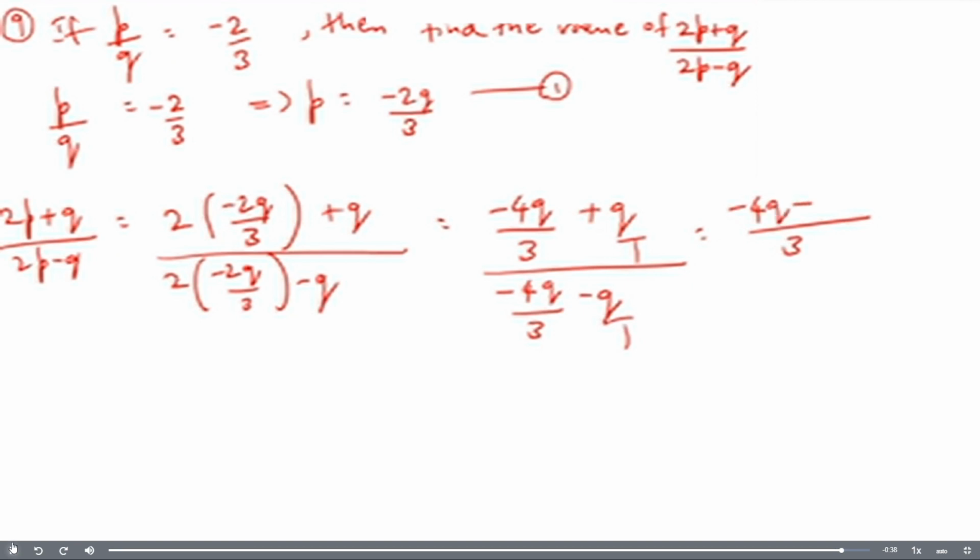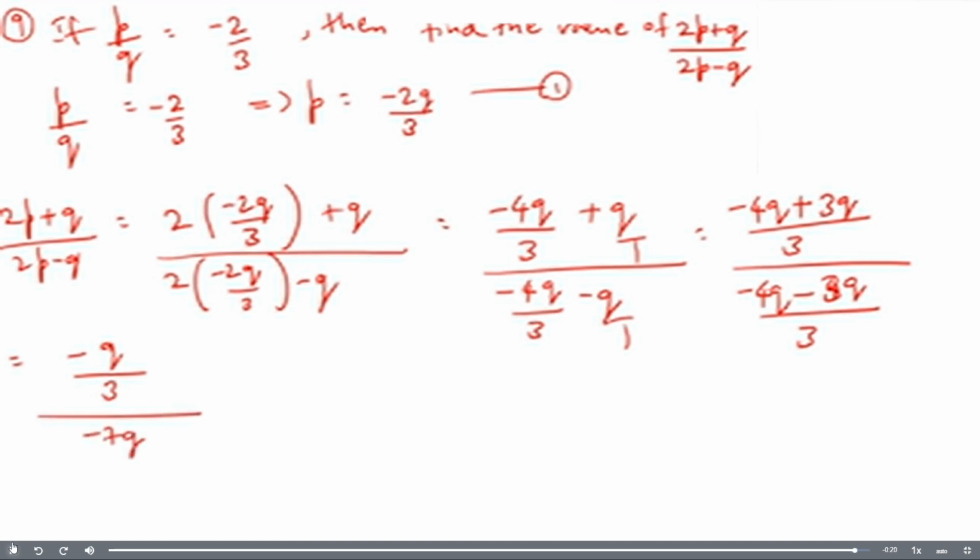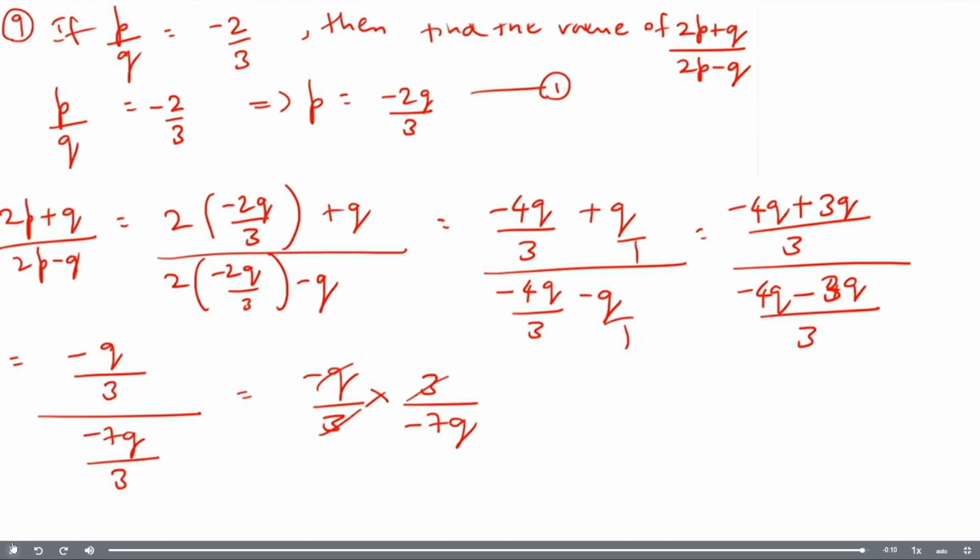Minus 4q plus 3q by 3, by minus 4q minus 3q by 3. That is minus q by 3 divided by minus 7q by 3, which is minus q by 3 into 3 by minus 7q. q and q get cancelled, minus and minus get cancelled, 3 and 3 get cancelled. The answer is 1 by 7.